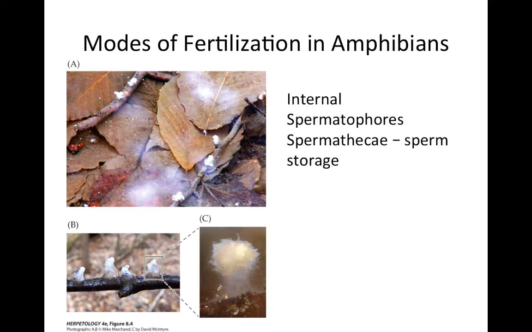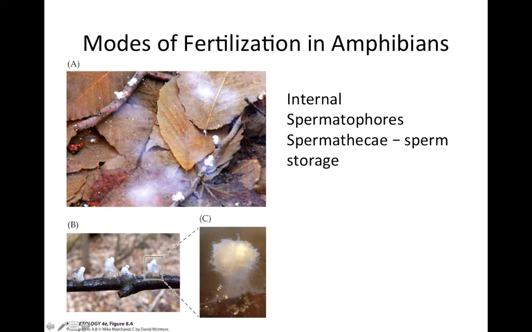So when we think about modes of fertilization in amphibians, we've talked about how some amphibians have internal fertilization. The salamanders and the caecilians both exhibit internal fertilization, although they go about it in very different ways. This is the situation in salamanders, where male salamanders will put down a spermatophore, and the spermatophore usually has a base, which is kind of a mucousy base, usually made up of some sort of glycoprotein.